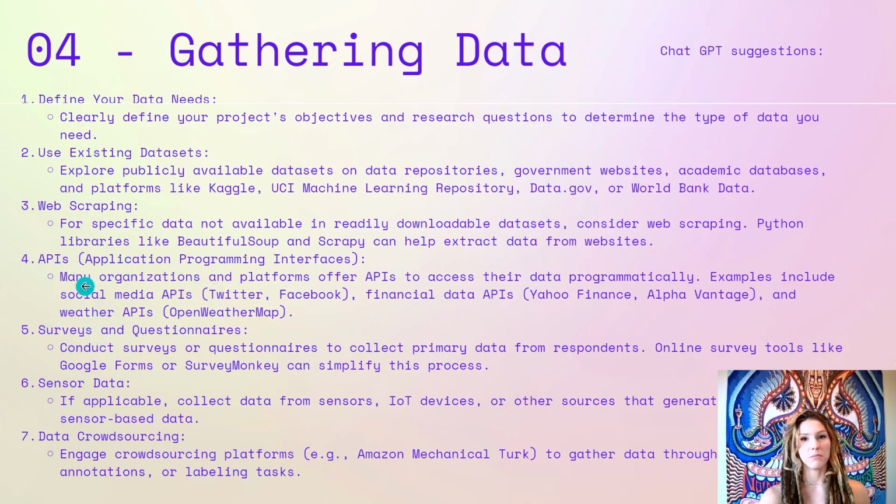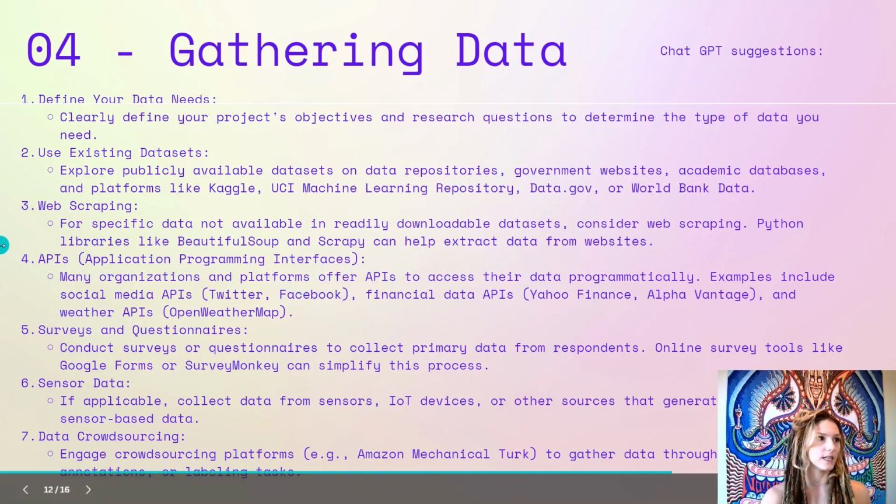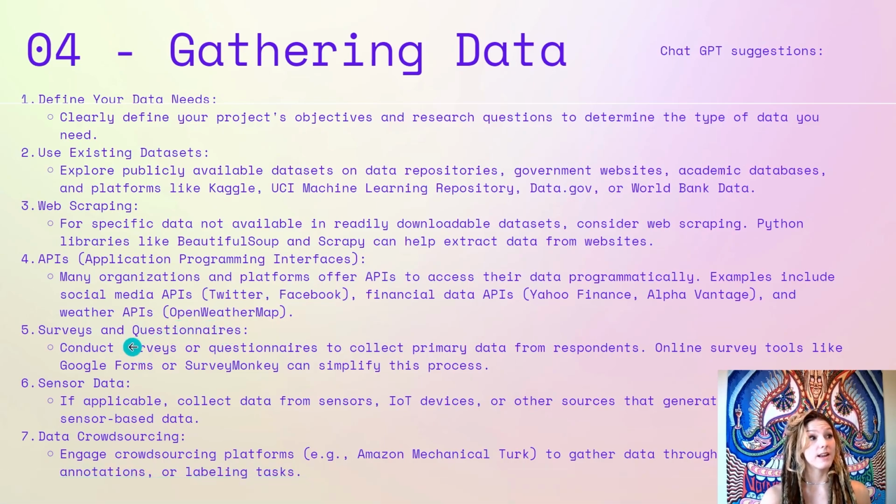You can find APIs online, application programming interfaces, that have financial data and stuff like that. Open Weather Map for weather data. You could conduct your own surveys and questionnaires, gather your own data, and then make a CSV and things like that.